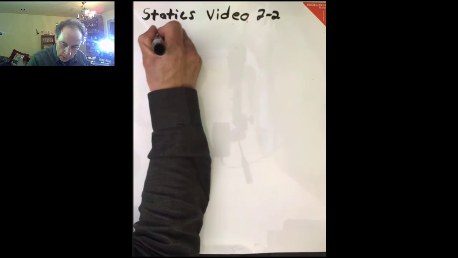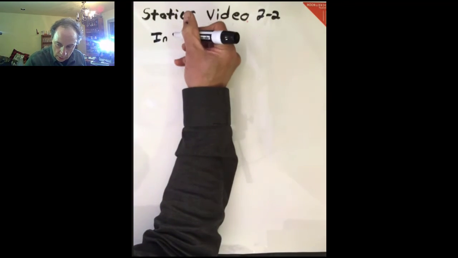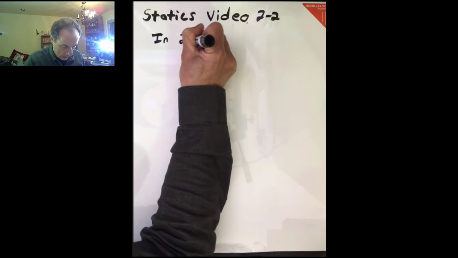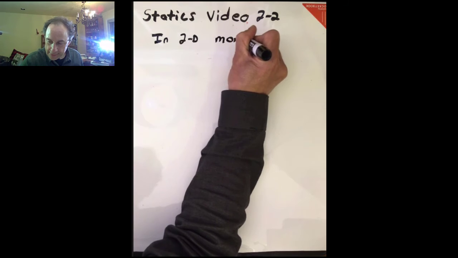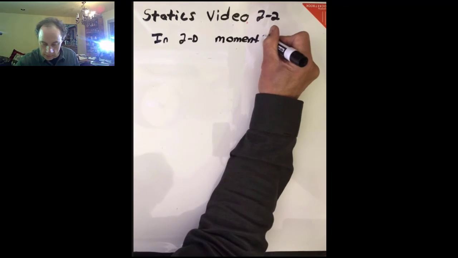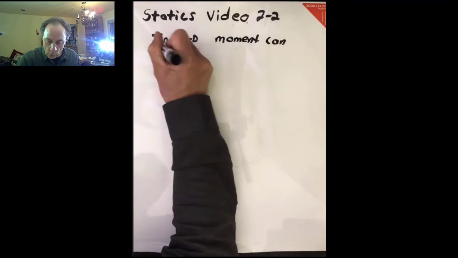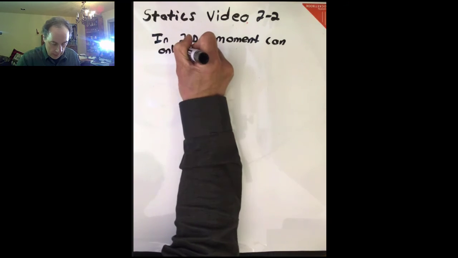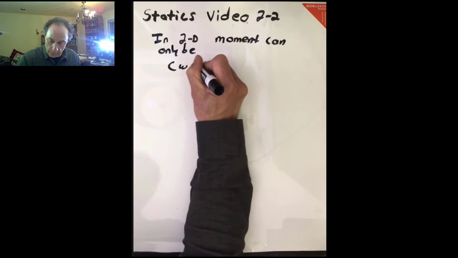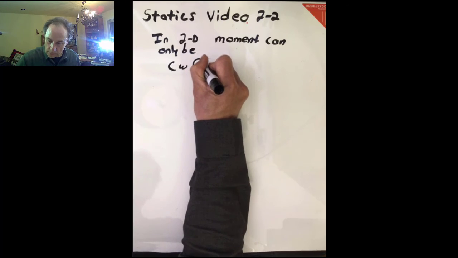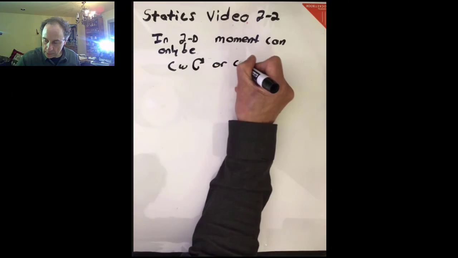So in 2D, moment can only be clockwise or counterclockwise.